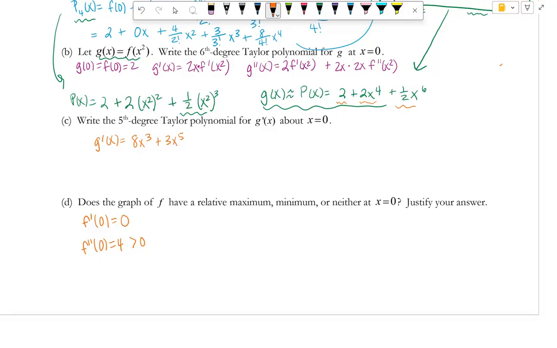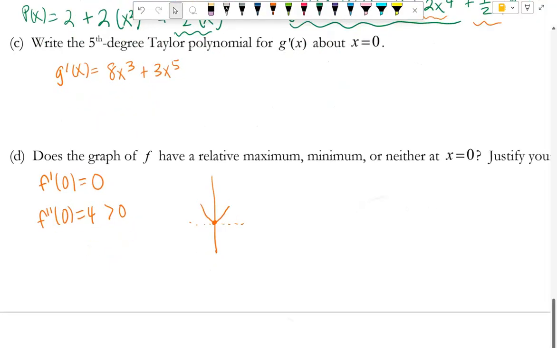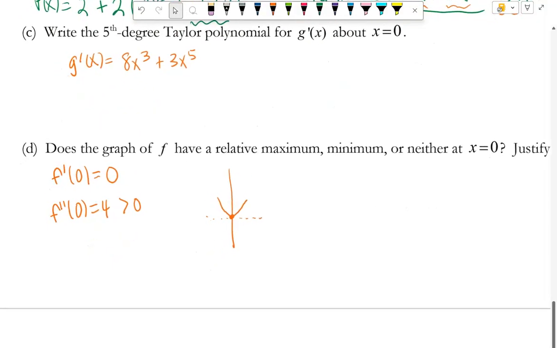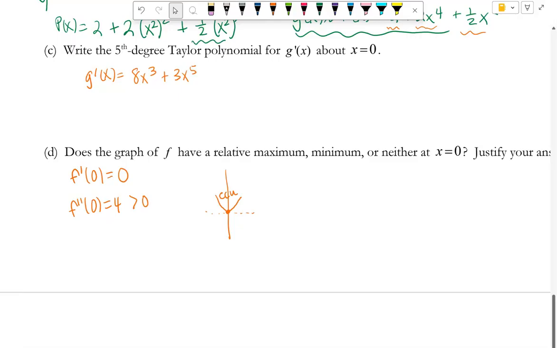So that tells me that whatever f looks like at x equals 0, f is concave up, and the value of its first derivative is 0. So I know that I would have a horizontal tangent line there, but since my second derivative is positive and my graph is concave up, that means that I must have a relative minimum there.